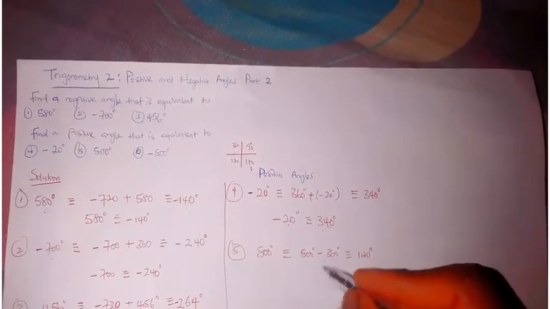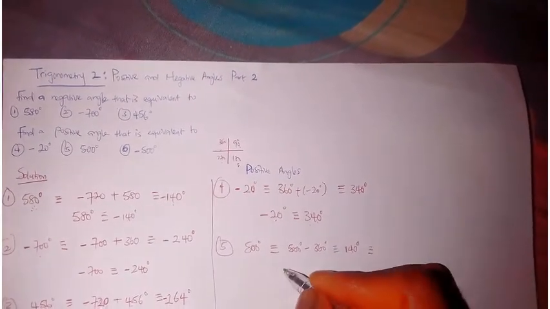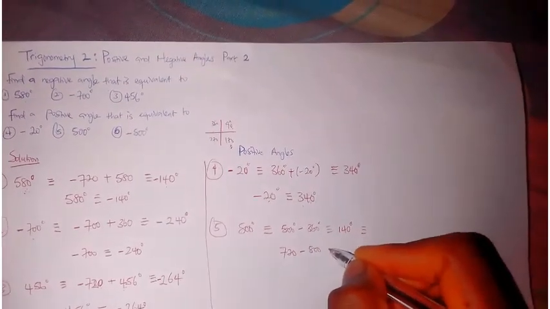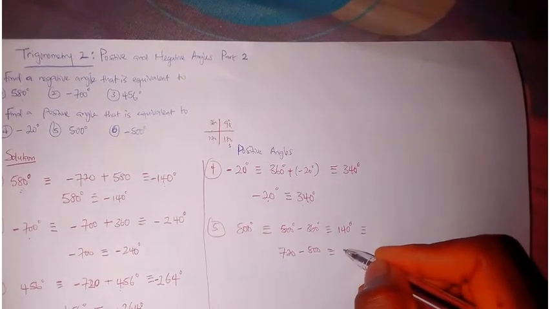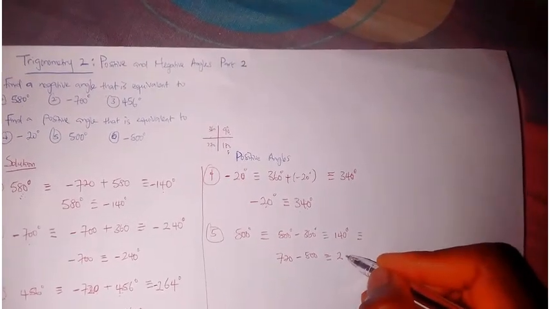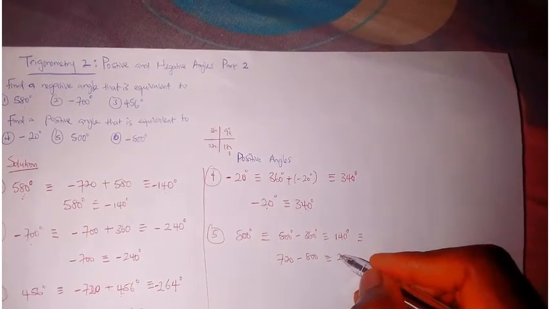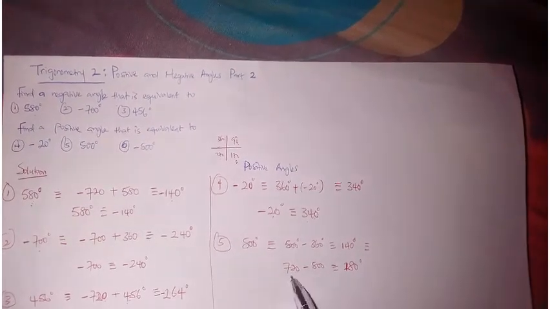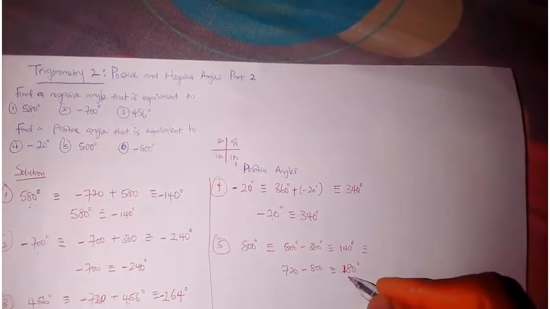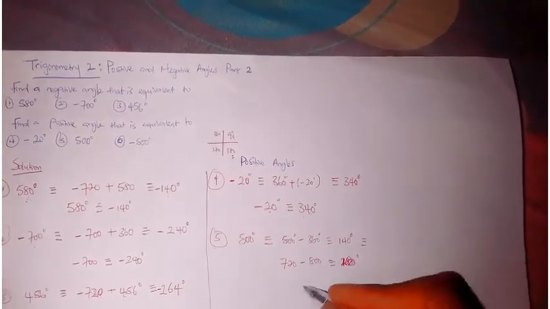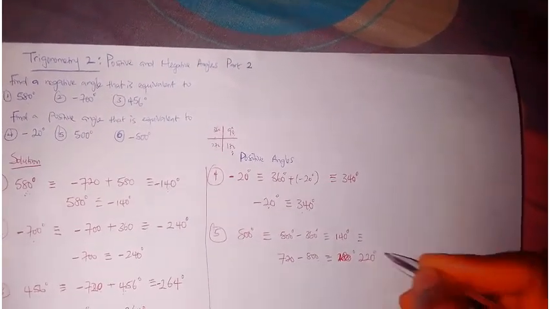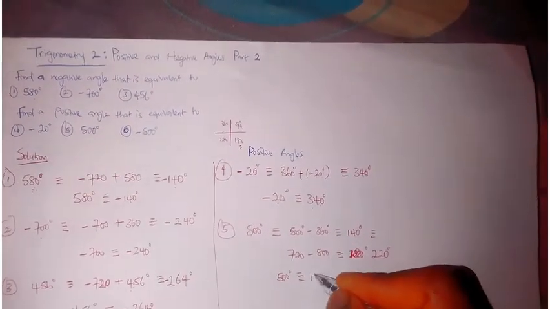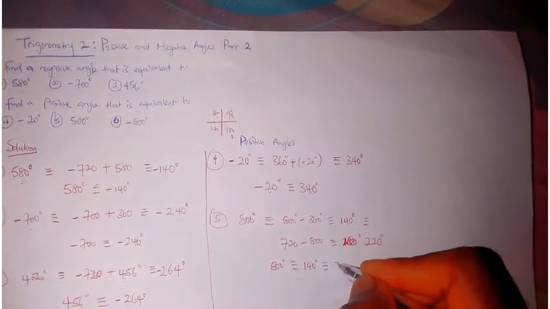Or I could have said it's also equivalent to 720 minus 500, which gives me 220 degrees. That's actually 220 if I subtract. So the conclusion: 500 degrees is equivalent to 140 degrees, and is also equivalent to 220 degrees.